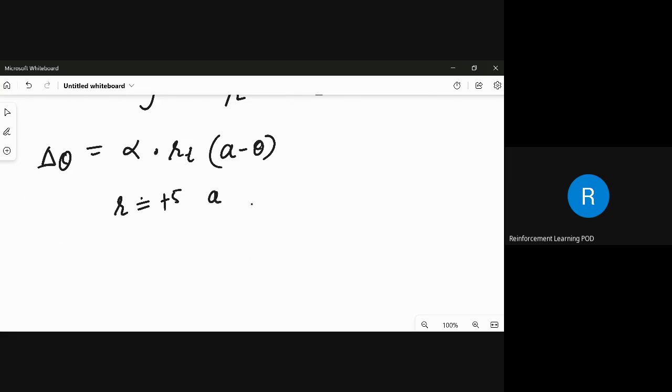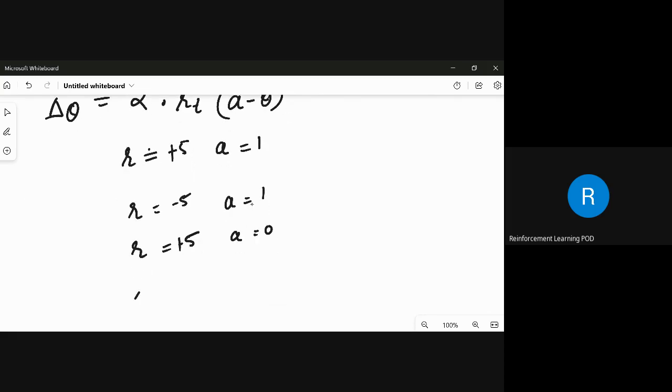R is plus 5, action is 1. R is minus 5, action is still 1. Reward is plus 5, action is 0. Reward is minus 5 and action is 0.